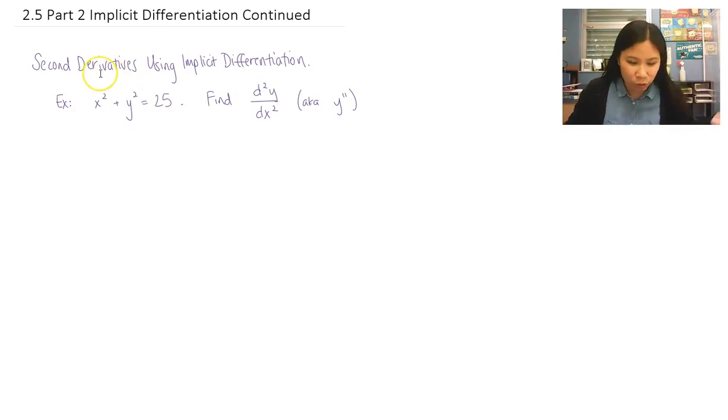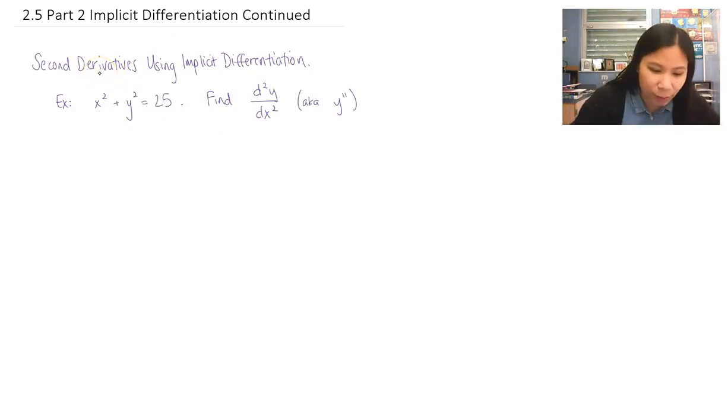Starting with the first derivative, using implicit differentiation, we know the derivative of x squared is just 2x. The derivative of y squared is 2y, but then we have to multiply it by y prime because we're now taking derivatives of y's instead of x's. And the derivative of 25 is just 0. Not too bad.